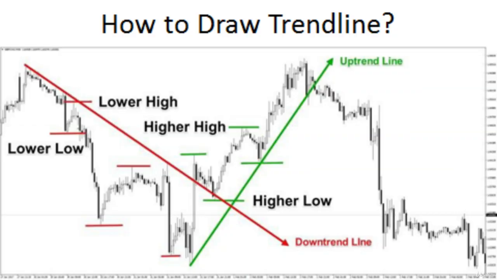We understand the trend line in simple form by taking a chart example. As the chart shows on your screen, if we connect the successive lower highs, it is signified by a red line. That red line is called a downtrend line. You also see horizontal red lines which clearly signify that the trend series is in downtrend.